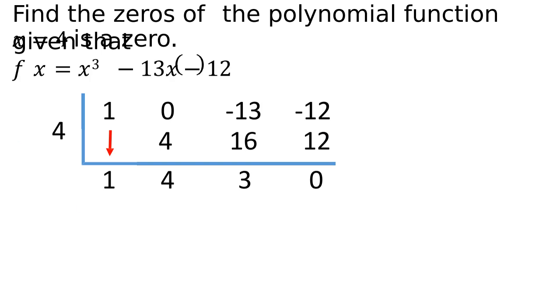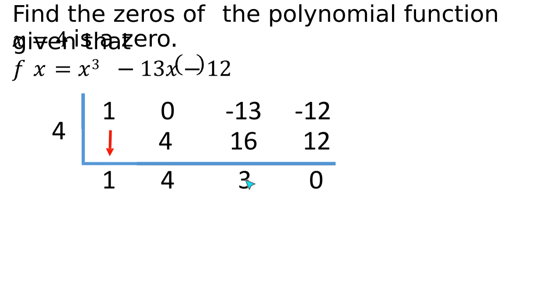So for the synthetic division, we bring the first one down and then we multiply. 4 times 1, 4. And then we add the column, 0 plus 4, 4. And then we multiply again. 4 times 4, 16. And then we also add the column. So negative 13 plus 16 is positive 3.